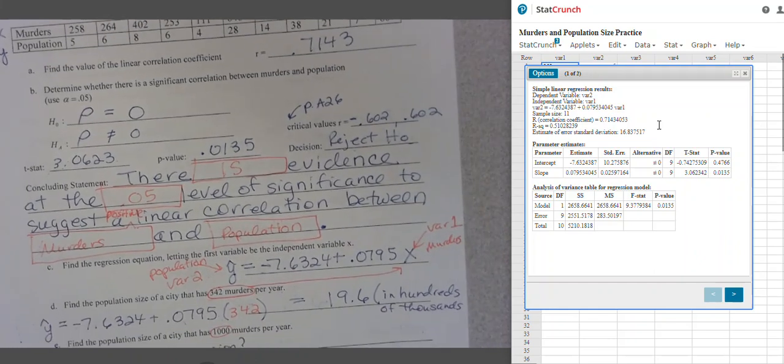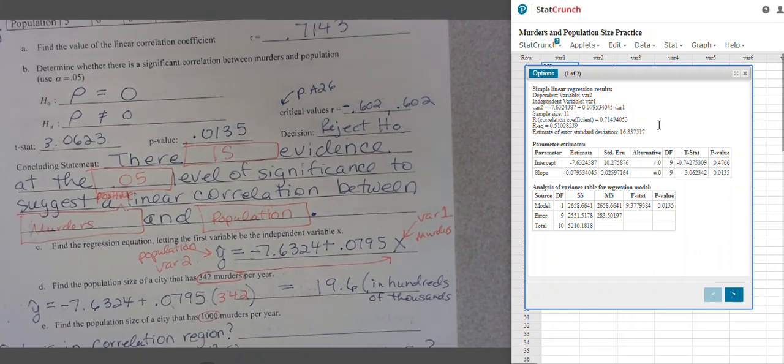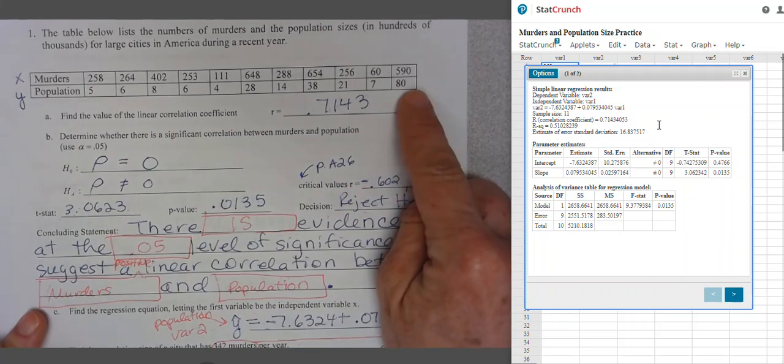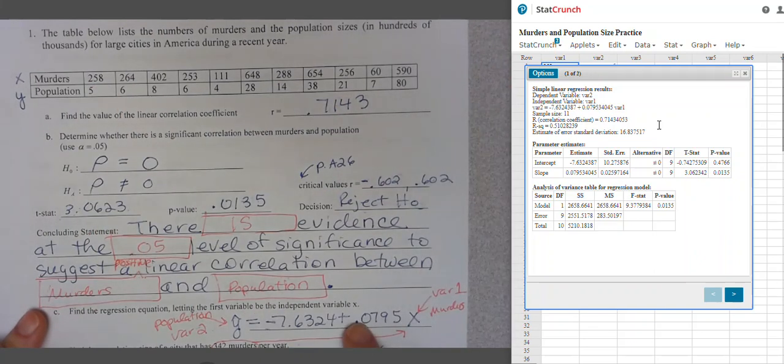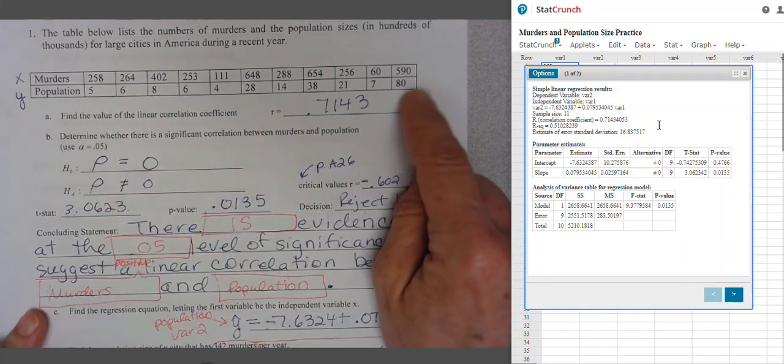But we still have data, and so we still can estimate it. All we do is find the mean of the population sizes in this data set. So we can't use the regression equation; we're just going to find the average population size from these 11 pairs of data.